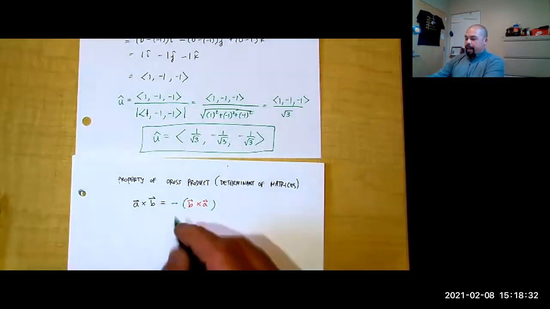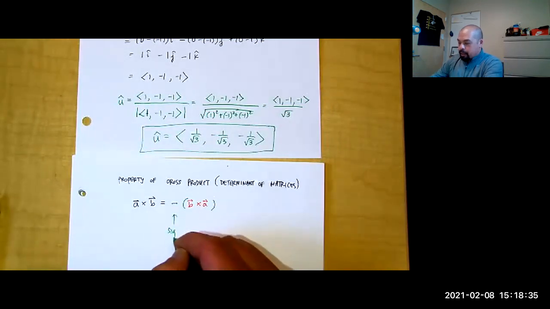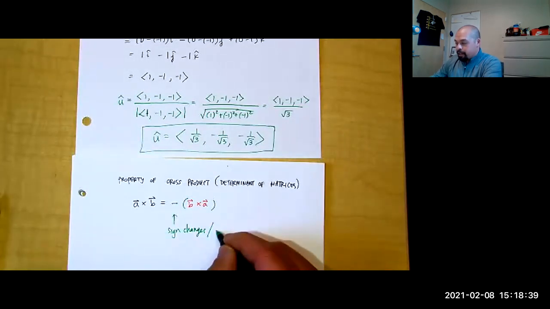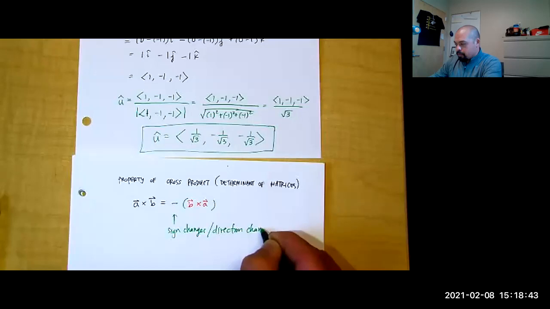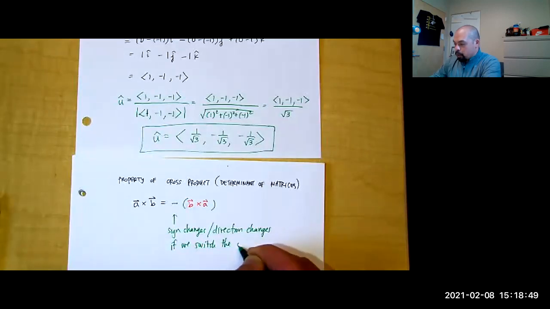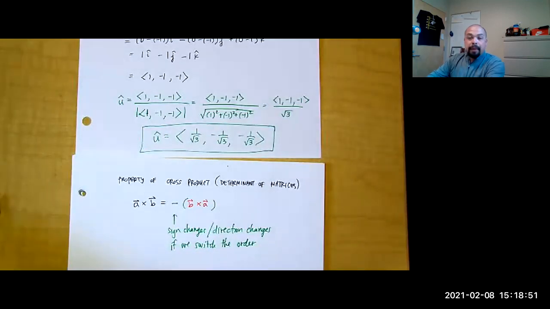So in this case, the sign changes, or in terms of vectors, the direction changes if we switch that order. But it's still going to be along that same line. It's just where the point of our arrow on that vector is facing. But it's still going the same.